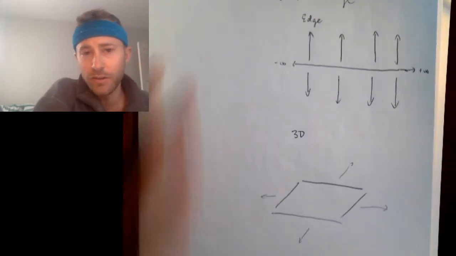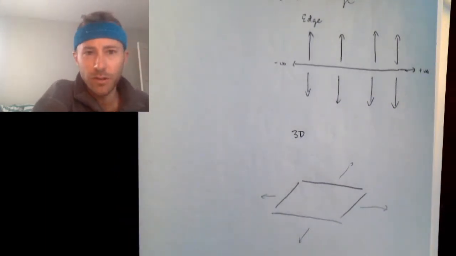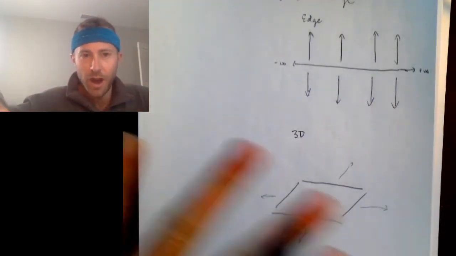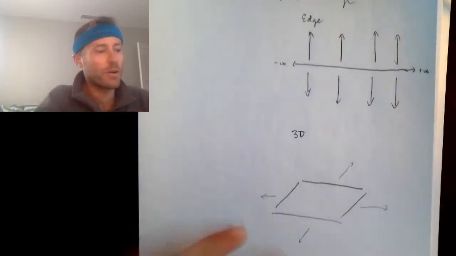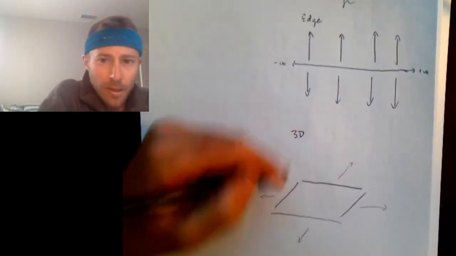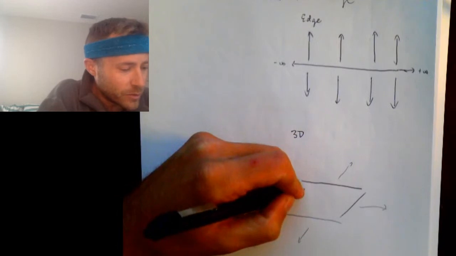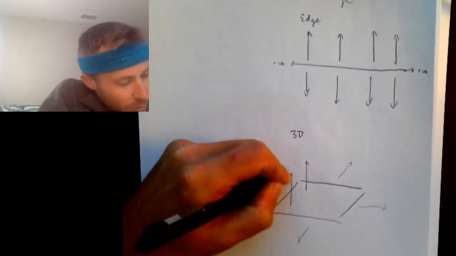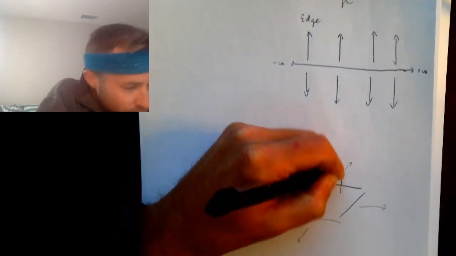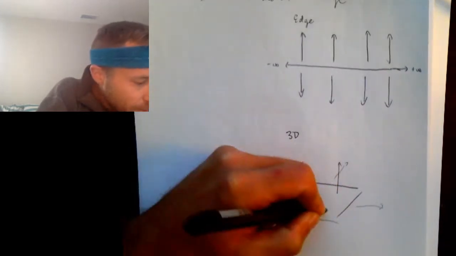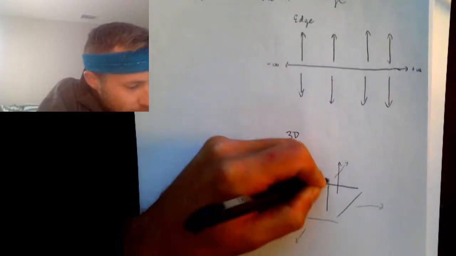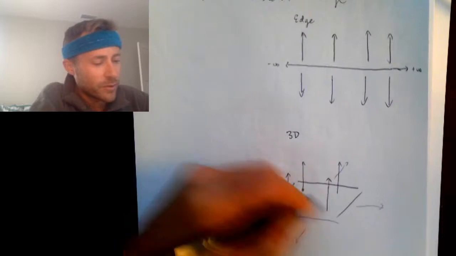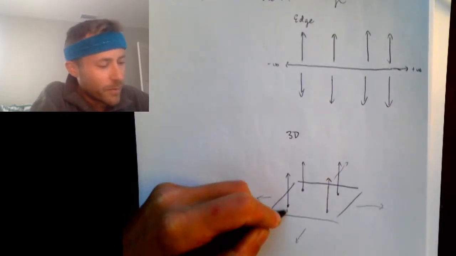And I should say that this infinite plane of charge has a uniform charge density, so there aren't any hot spots where there's more charge than other spots. If we look at this in 3 dimensions, it kind of looks like this. So you've got electric field lines going up. And then we also have electric field lines going below.